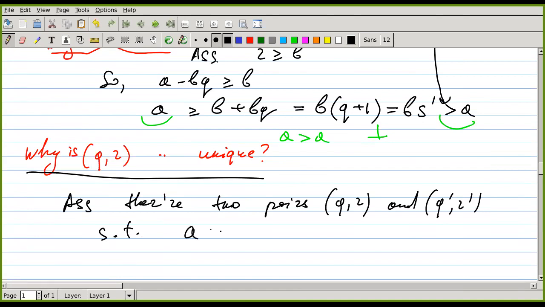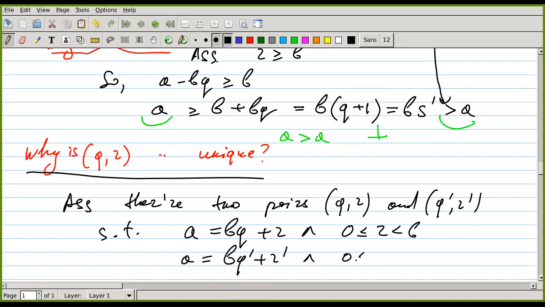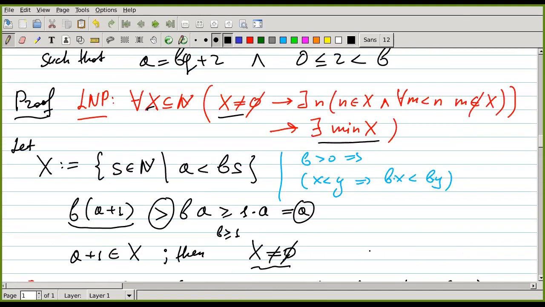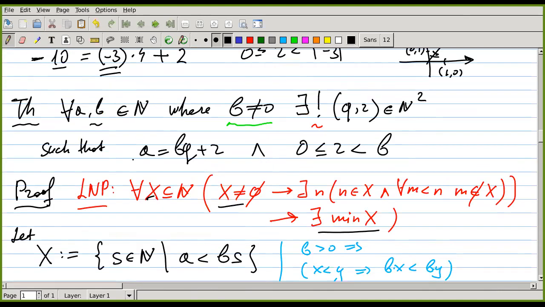That is A equals BQ plus R and R is between 0 and B. And likewise, A equals BQ prime plus R prime and R prime is between 0 and B. So we have assumed that there are two good pairs, two pairs which satisfy the requirements of our theorem. Is it clear?